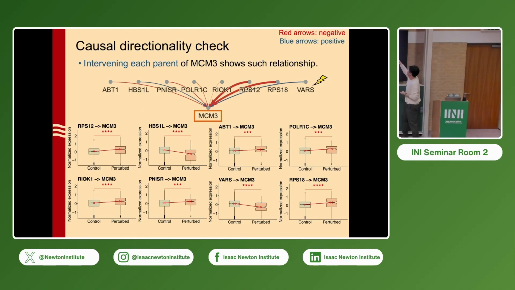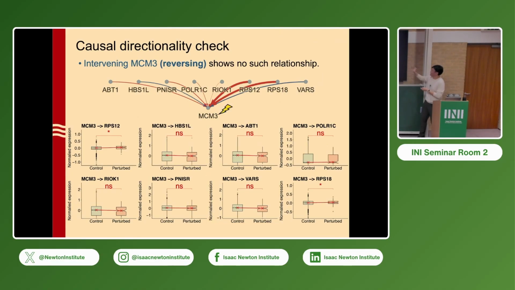Then you can immediately see that the coefficient theta jk is positive. And you can see this type of relationship for all the parent nodes of that particular gene. We did an interesting experiment here: we reversed the child and parent roles to see if the expression level of the parent gene changes when we intervene on the child gene.